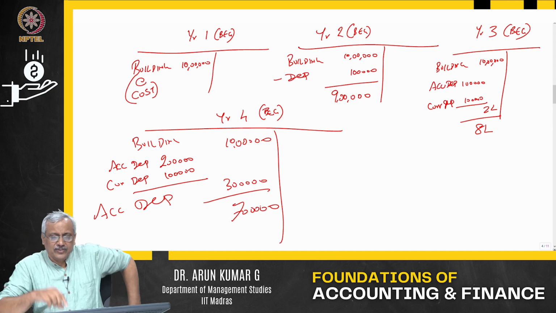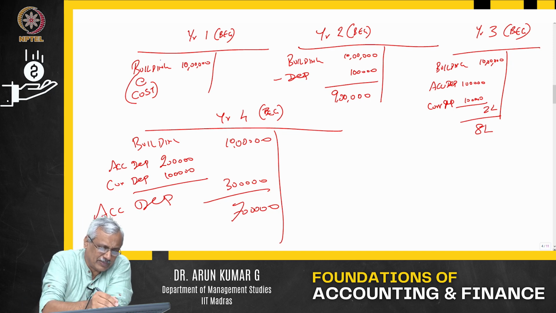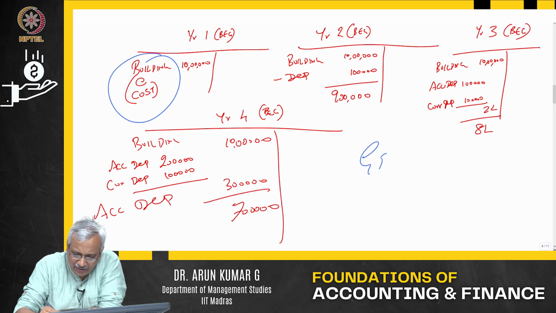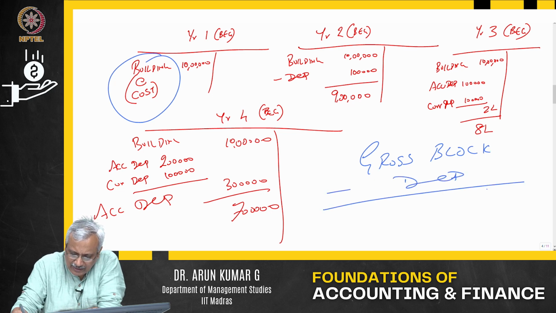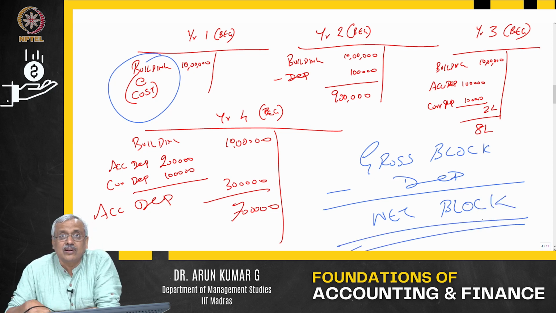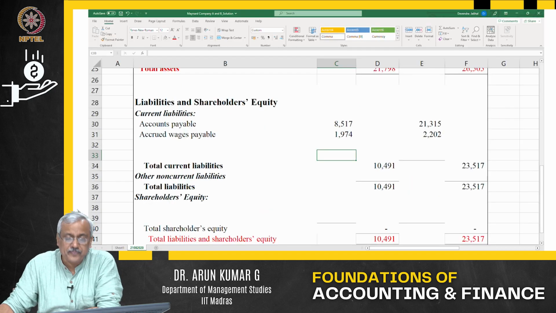Normally they will say gross block minus depreciation is the net block. This is the language normally used when we work on numbers.